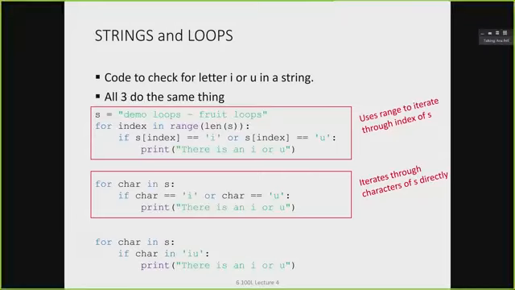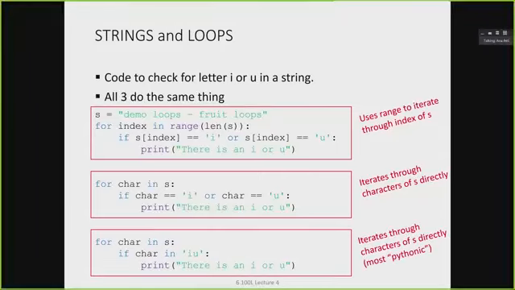And it turns out there's actually a much more Pythonic way to write the code, this box down here. In the bottom box, the only part that I've changed is the if statement. I'm using this in keyword to test whether the character that I have in hand, lowercase d, lowercase e, lowercase m, and so on, is in this sequence of characters, I or U. For this case, it's not so important, right?